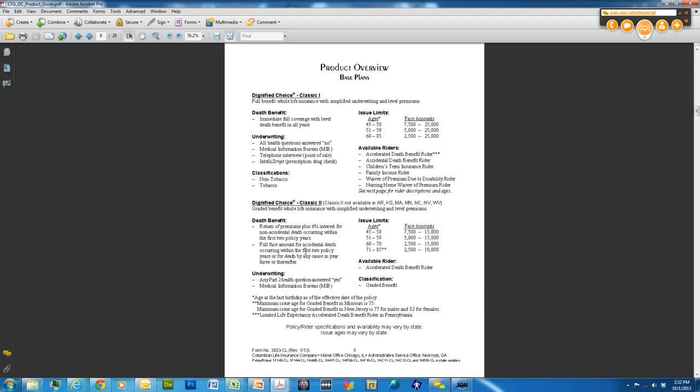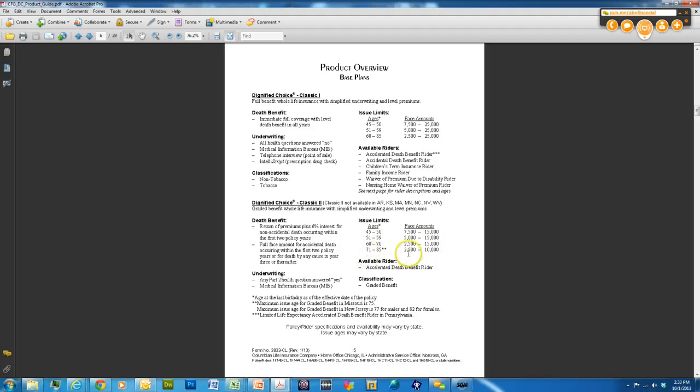All right. The actual application will determine which one he can get into, which will then determine what rates we run on him. The issue limits: you can see his age of 70 fits within this band here, 2,500 to 25,000. If he does Classic 2, the graded benefit, he's 70 years old, so you can see that being 70, he can get as high as 15,000.